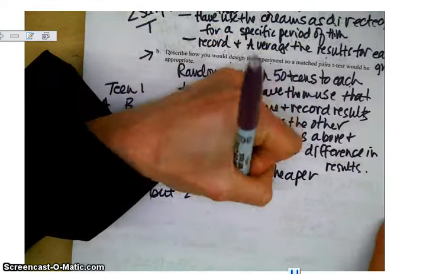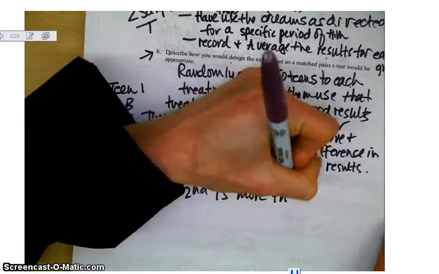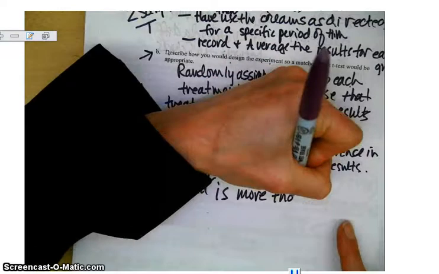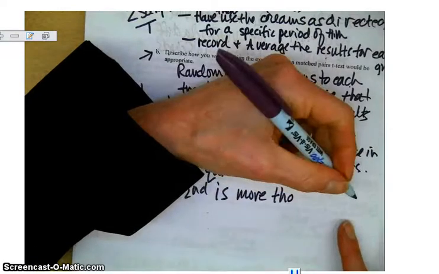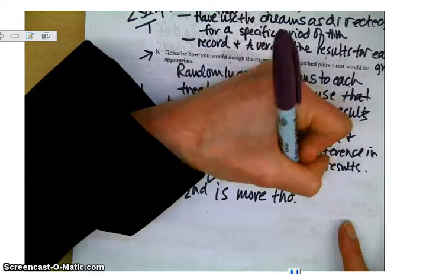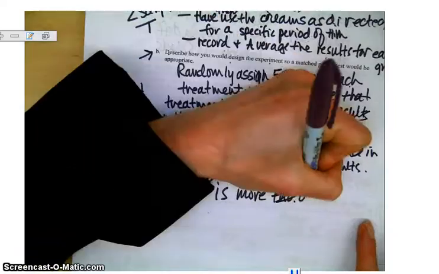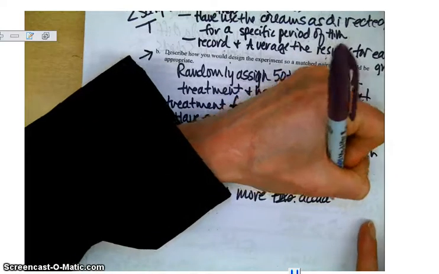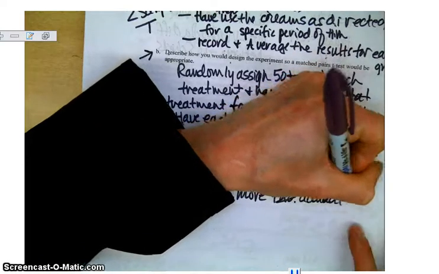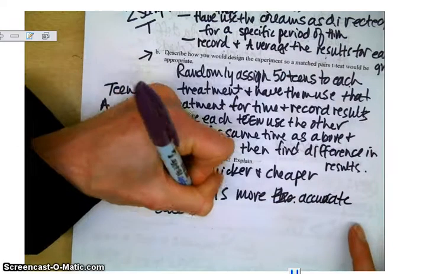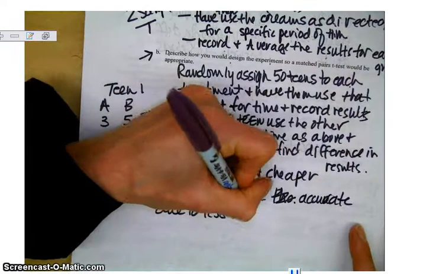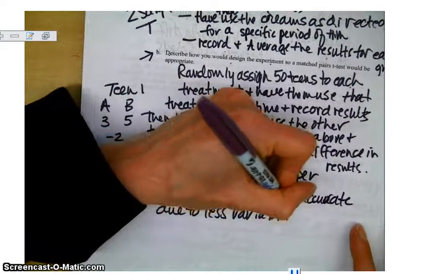More thorough? How do you spell that word? Oh, less variability. More accurate, okay, due to less variability. Very good.